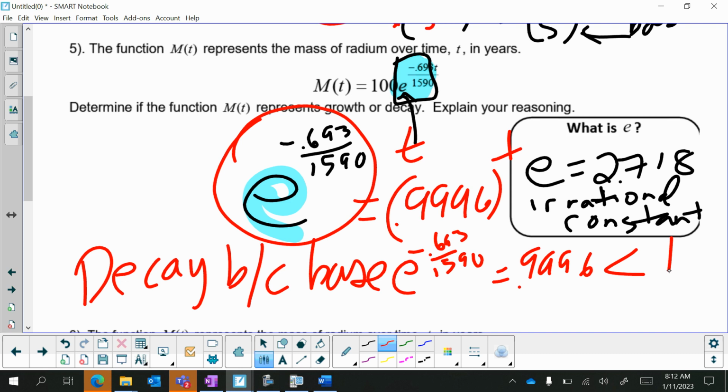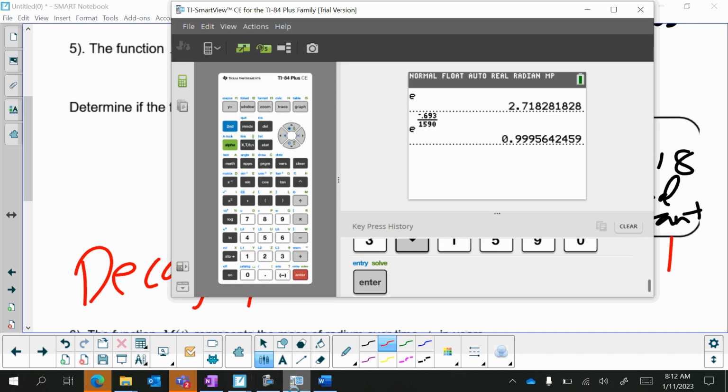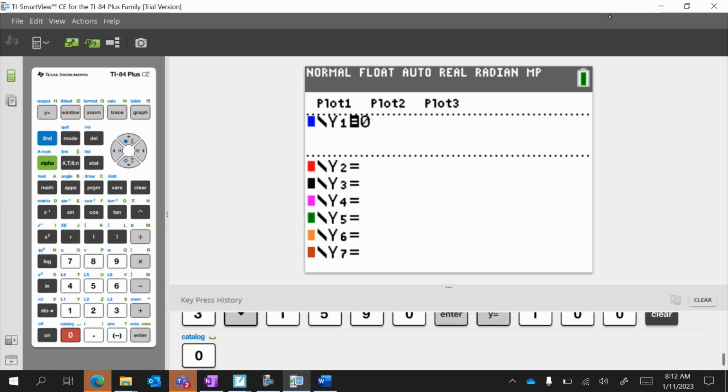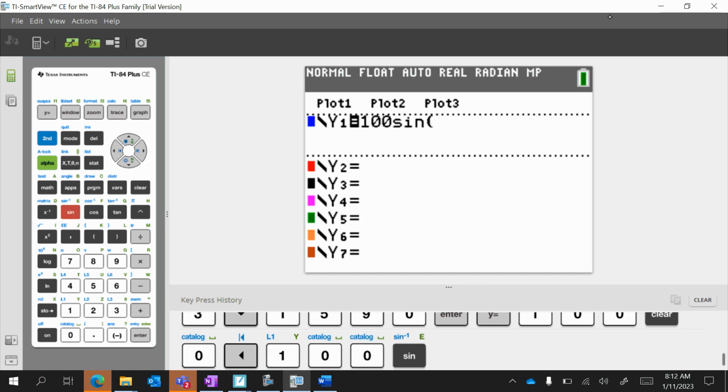Could you just have graphed it, by the way? Yes. So you could have gone to y equals, gone to 100 e caret fractional exponent negative 0.693 over 1590. Put the whole thing in the calculator.